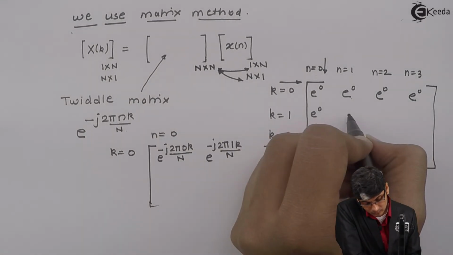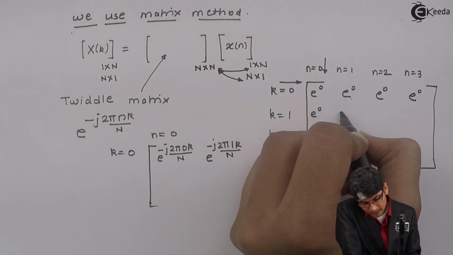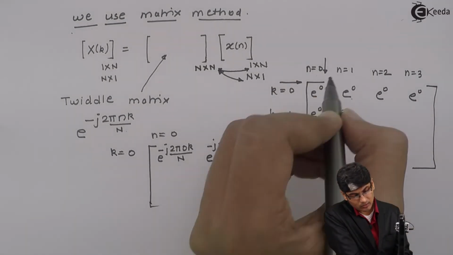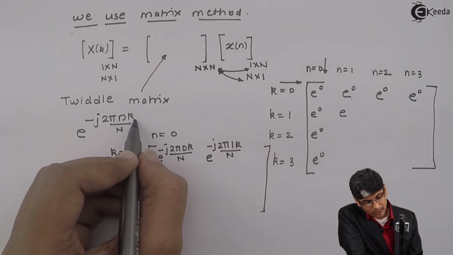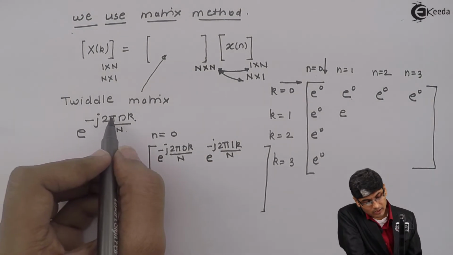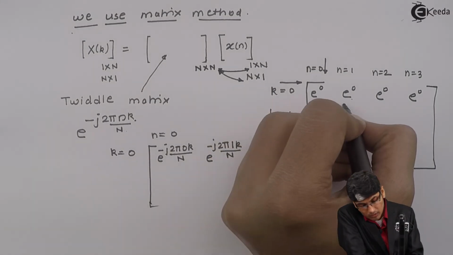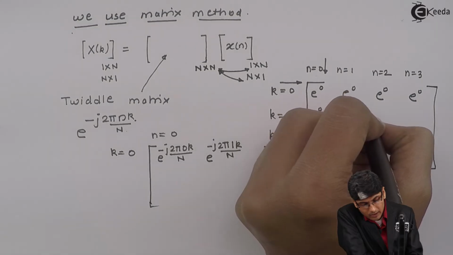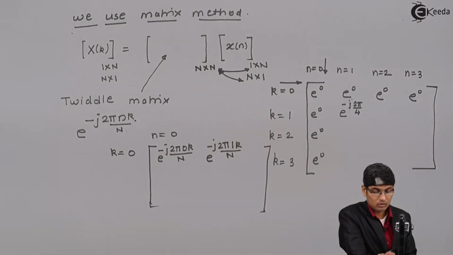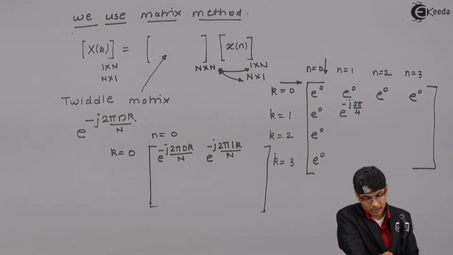Now, here I will get e raised to, now n is 1, k is also 1. So, I will get minus j 2 pi by n. So, it will be minus j 2 pi by n, which in this case is 4. So, it will be e raised to minus j pi by 2, right.